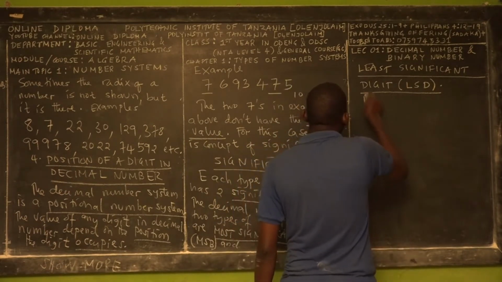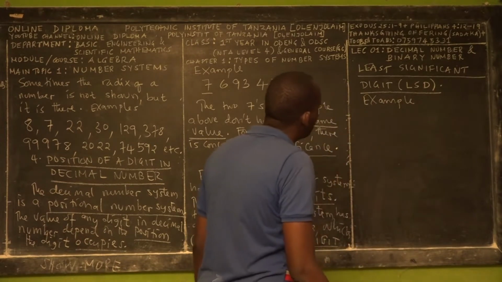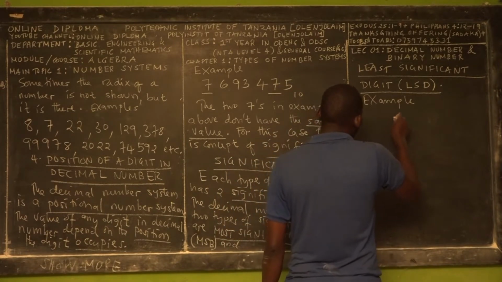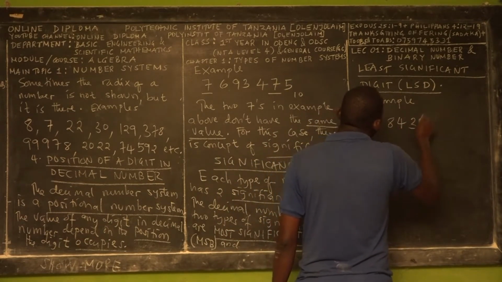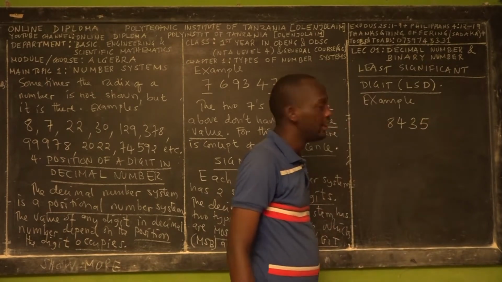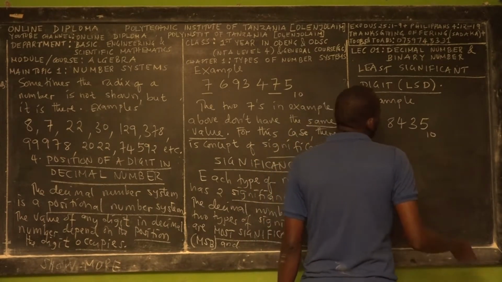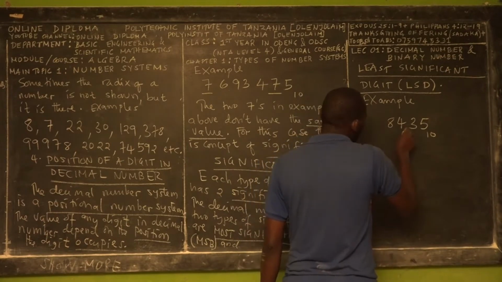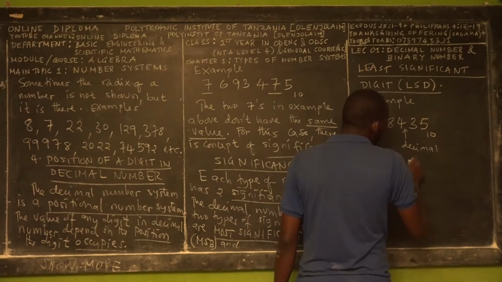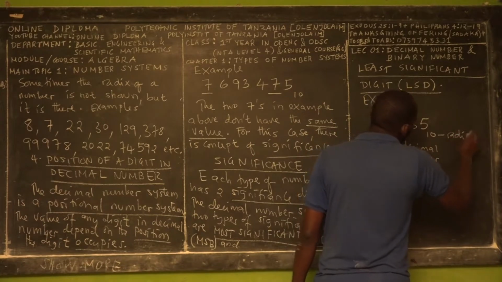So, an example of least and most significant digit in a particular number. For example, we have 843035, and then we have our radix, which is base 10. So you can analyze this number. This is a decimal number. Why do we know it's a decimal number? Because of its base. And this we call, my dear student, radix.